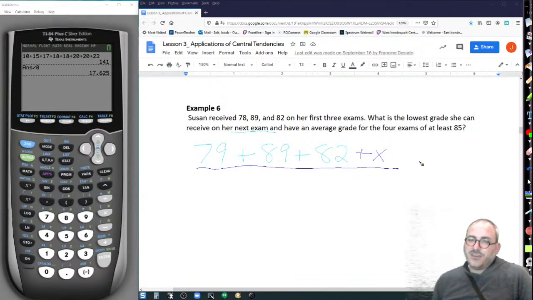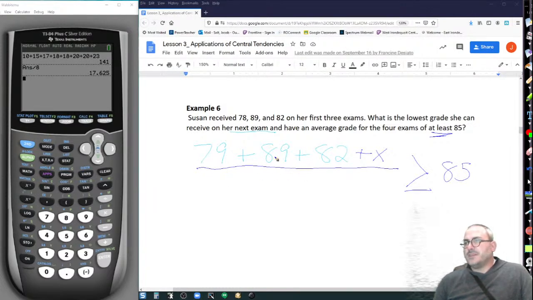All right. So at least is not equal to. So I want my grades to be at least, which means I want this thing to be greater than or equal to 85. I would like this all to average out to something which is greater than or equal to 85.